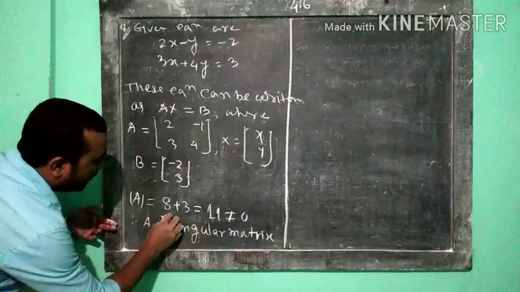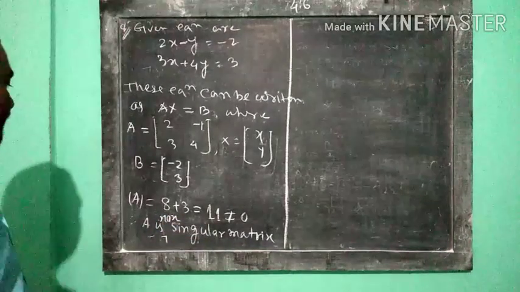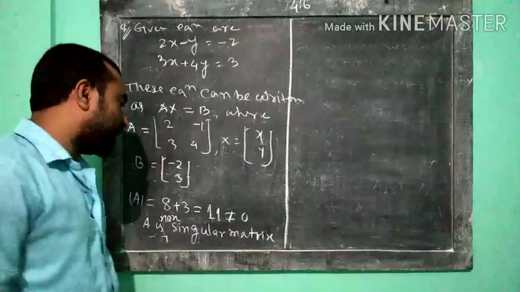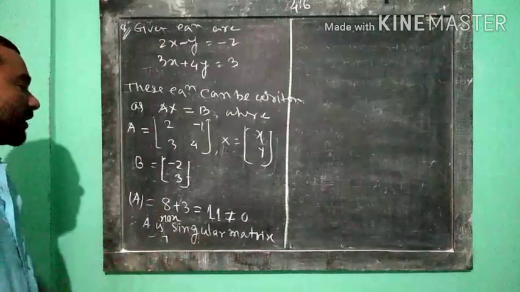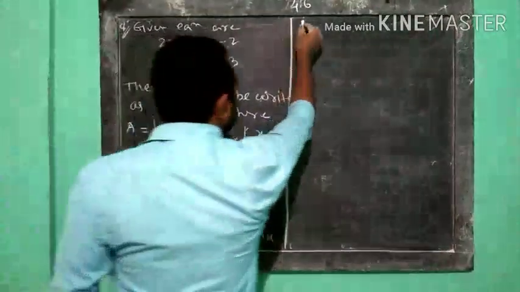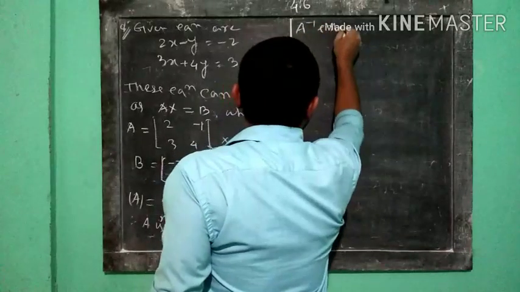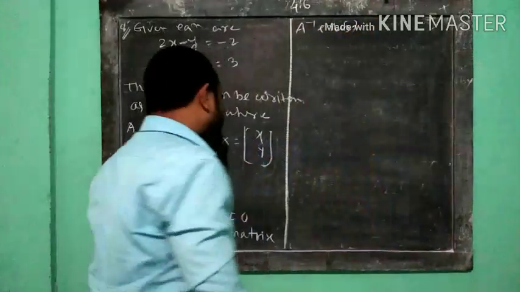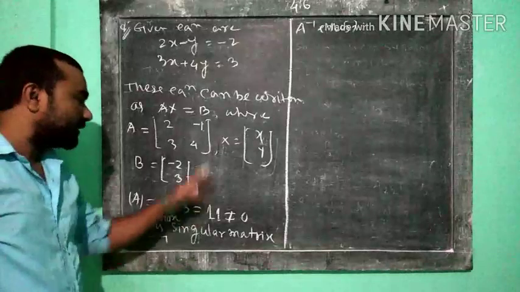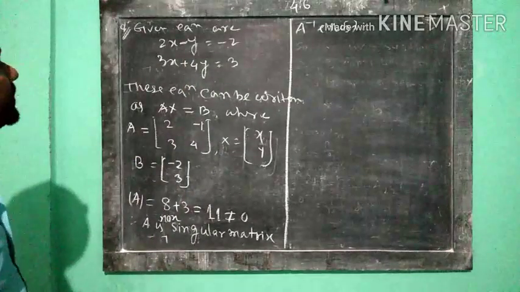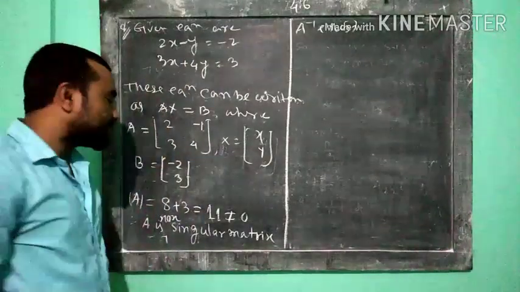Since determinant of A is not equal to 0, A is a non-singular matrix, therefore A inverse exists and it is consistent, and this given equation has a unique solution.